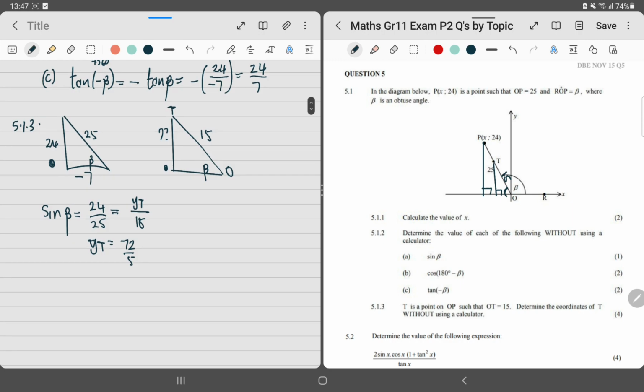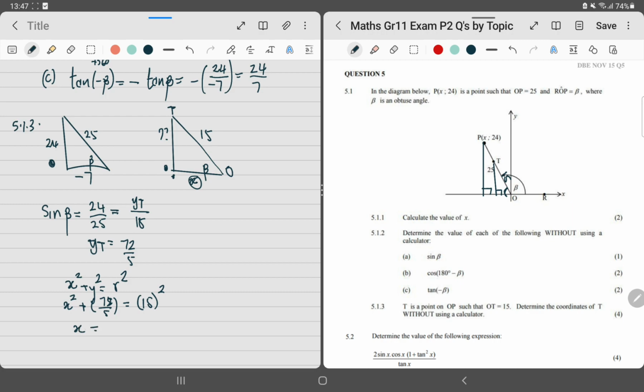And then now we can go on and calculate this x value right here. And then we'll just say x squared plus y squared is equal to r squared. X is what we are looking for. The y is 72 over 5, and r is 15 squared.